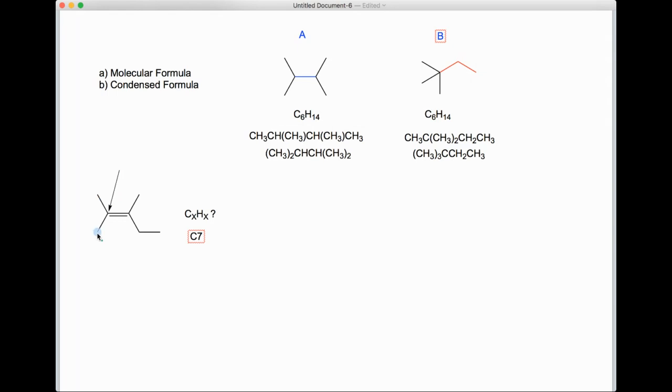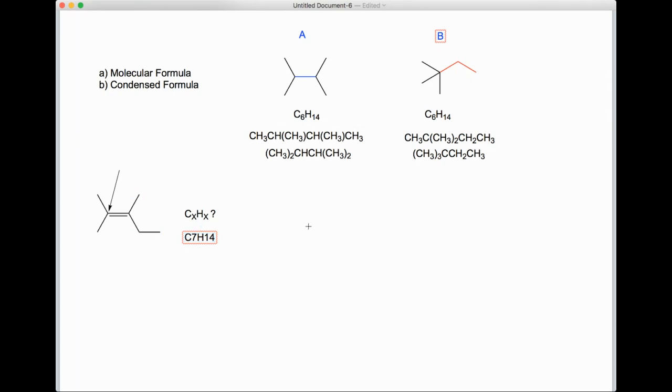So that's 4 bonds. So for hydrogens, we have 3 hydrogens here and 3 hydrogens here, that's 6. 3 more here, that's 9, 11, 14. Okay?